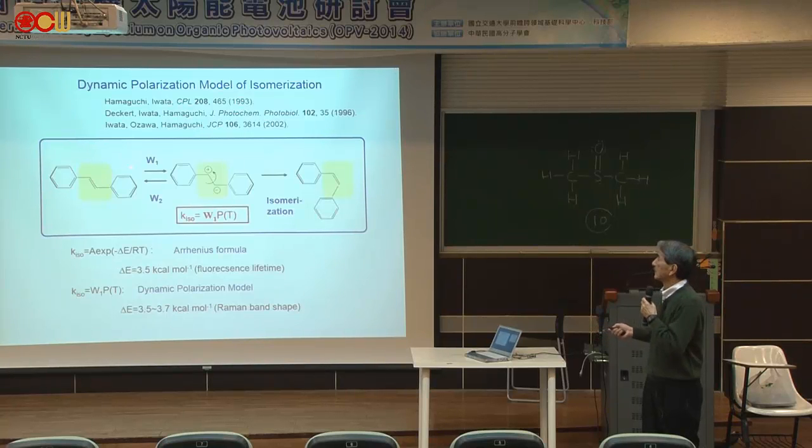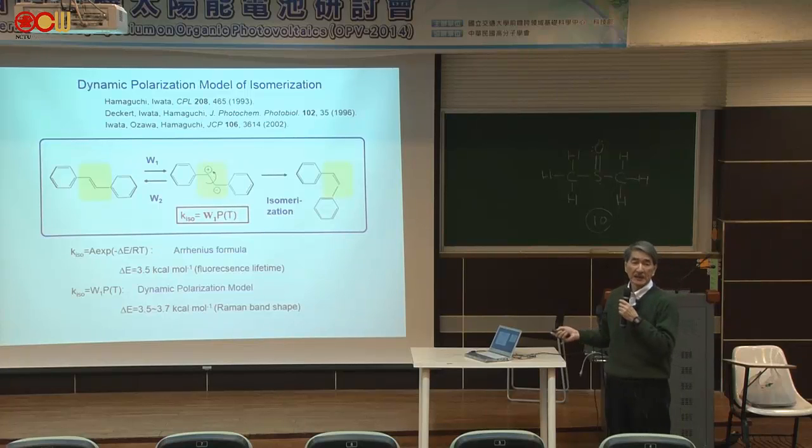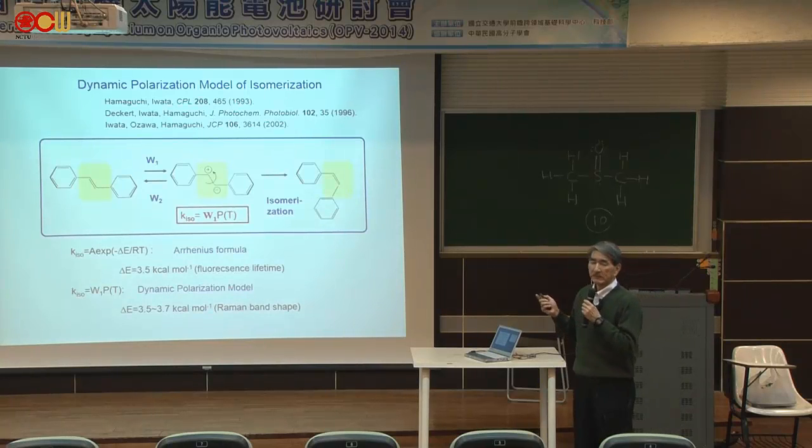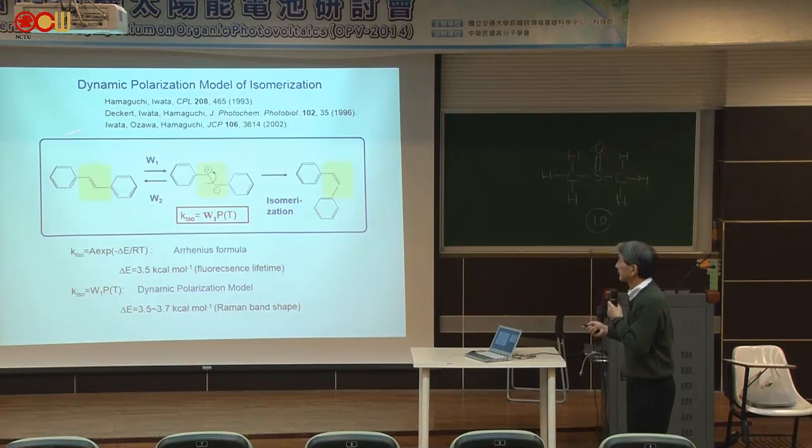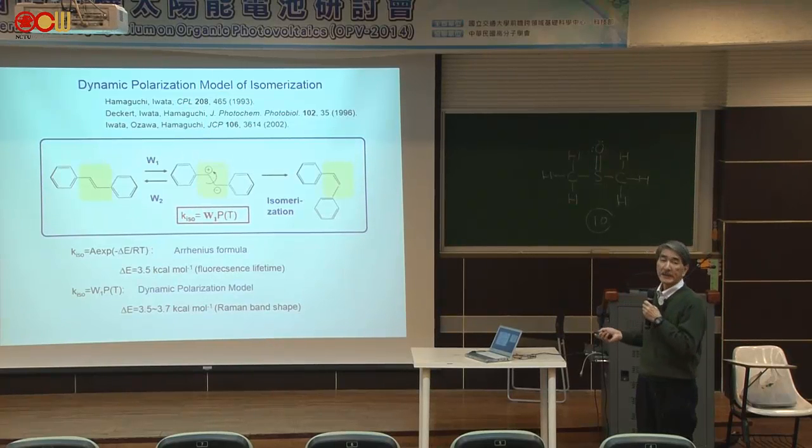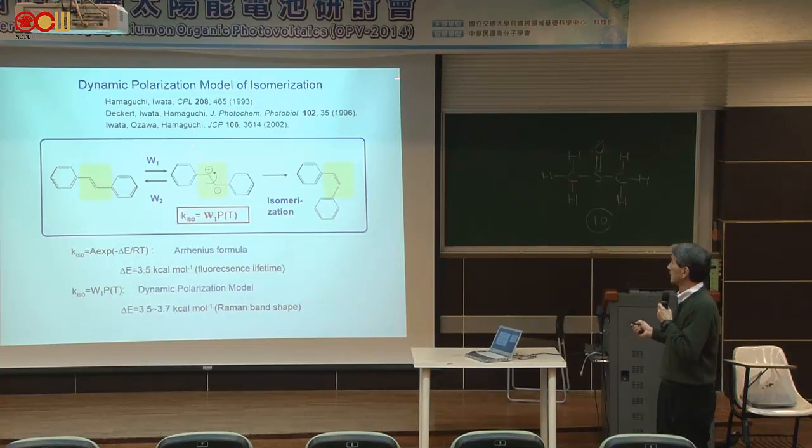Then the frequency stays higher, and the bandwidth is smaller. Okay? So by analyzing the bandwidth or the band shape, we are able to discuss the dynamics of S1 trans-stilbene in this way. And this is called the dynamic polarization model of isomerization, and we published many papers from that.